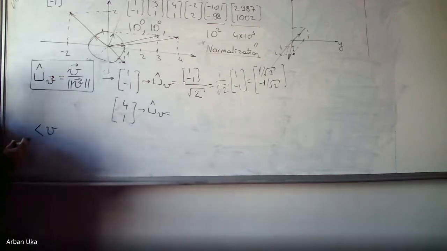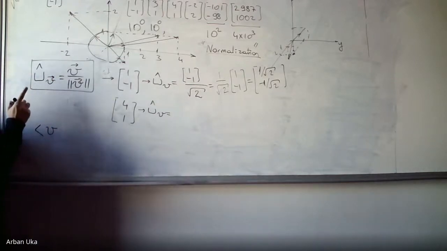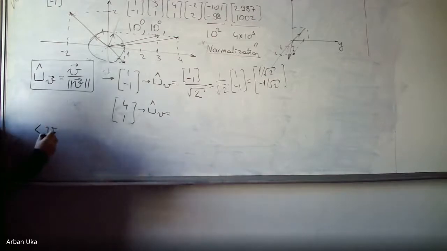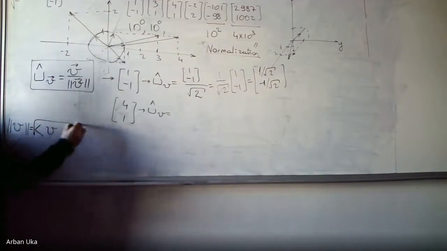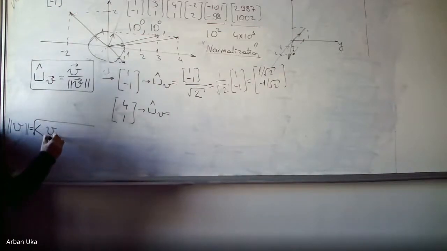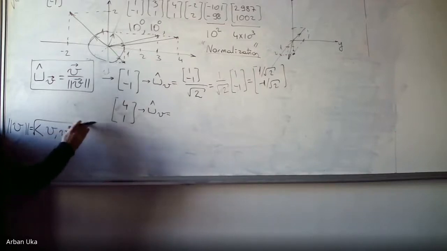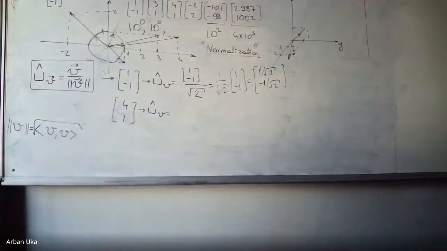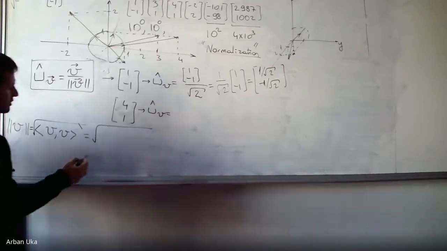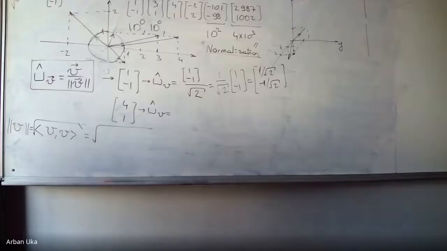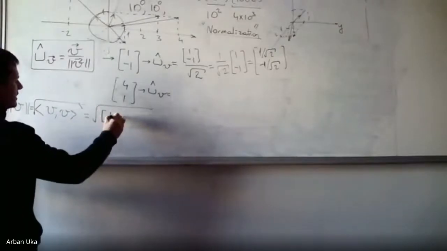Let me write the magnitude of v is equal to the square root of v transposed times v. Yes, you can continue, sorry. Andre, yes, help me here. Or I can do it, you can check my mistakes.